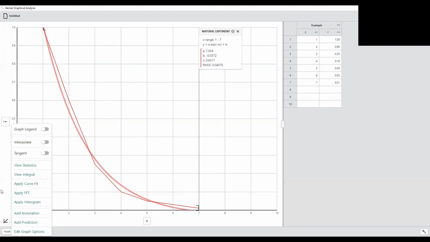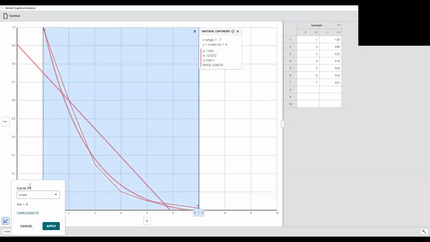Now, this option over here, apply curve fit, lets you select what kind of function you will use to find the function that better describes the data set you have. So I can pick a linear, for example, and this is just the line.